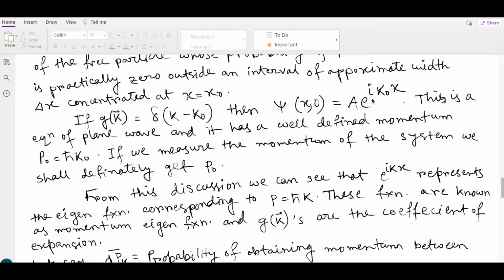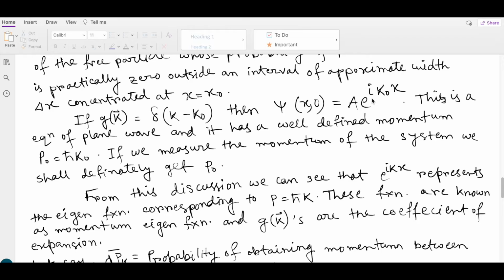This is a plane wave equation and it has a well defined momentum p0 equals h cut k0. If we measure the momentum of the particle which is in this state, we will definitely get p0 as its momentum.